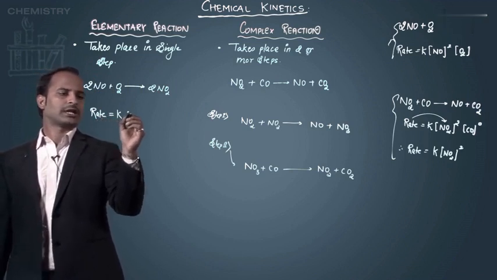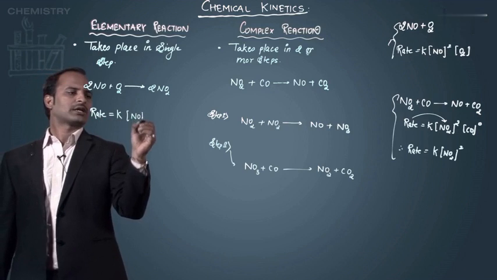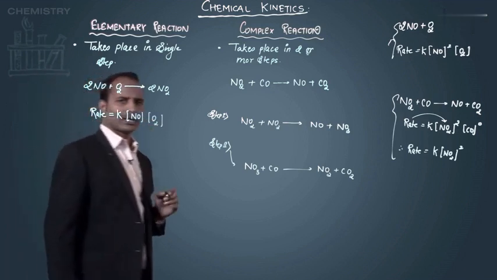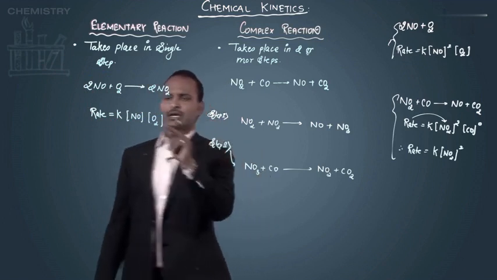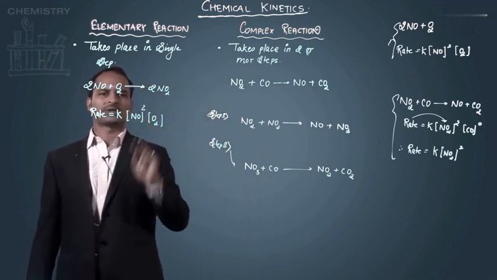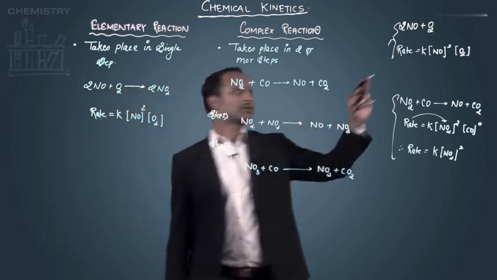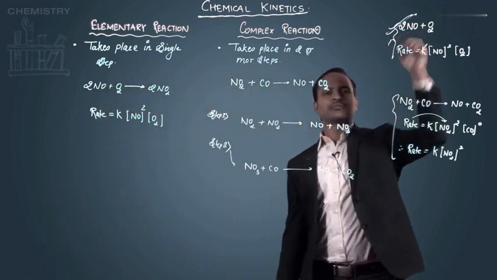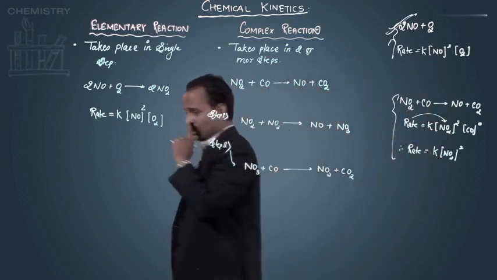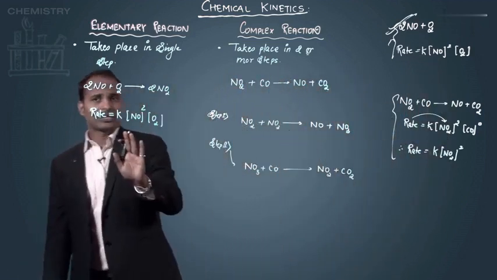It will involve K into the concentration of reactants, that is NO and O2. In an elementary reaction the powers and the coefficients are the same, and that's why here the power of NO is 2 and the power of O2 is 1. Since this example is an elementary reaction, the powers and coefficients are the same. Now this is for an elementary reaction.